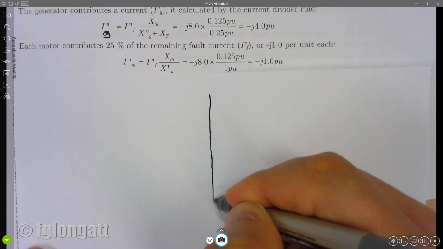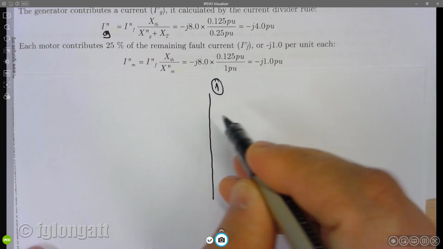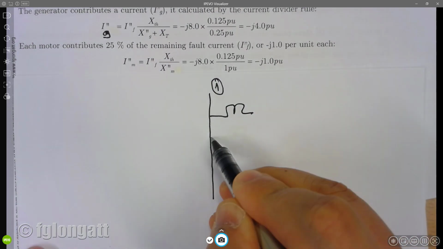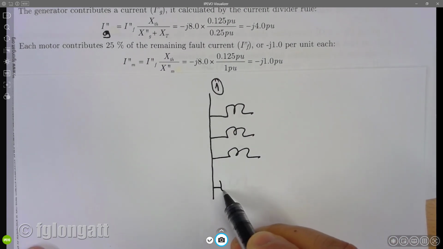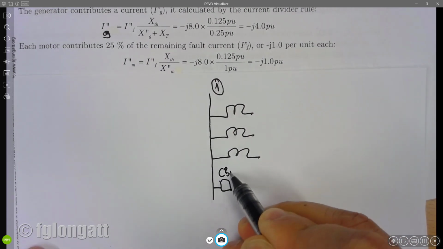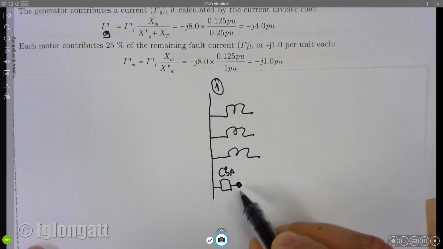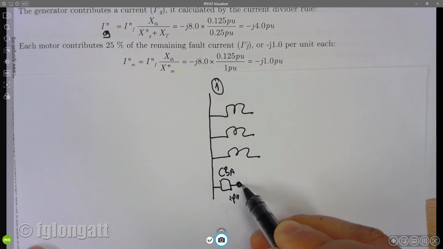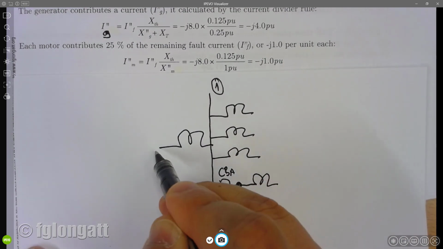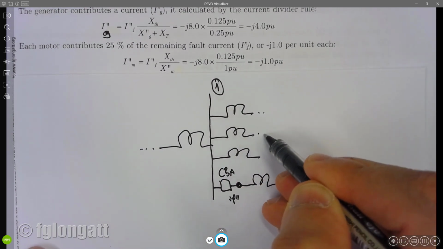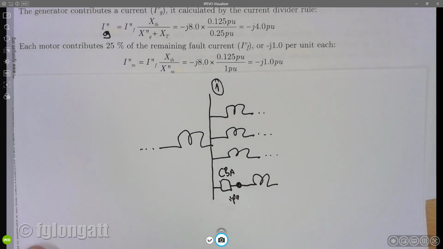This is the bus bar number 1. We have here 1 motor, 2, 3, and in this case I have the circuit breaker A, I have the point P, and then I have the motor. And on the other side, I have the generator, okay?